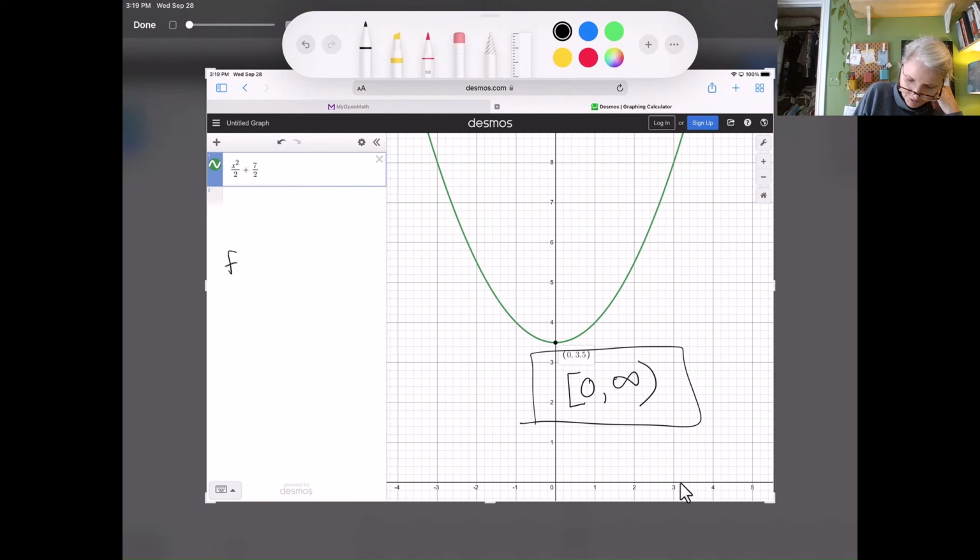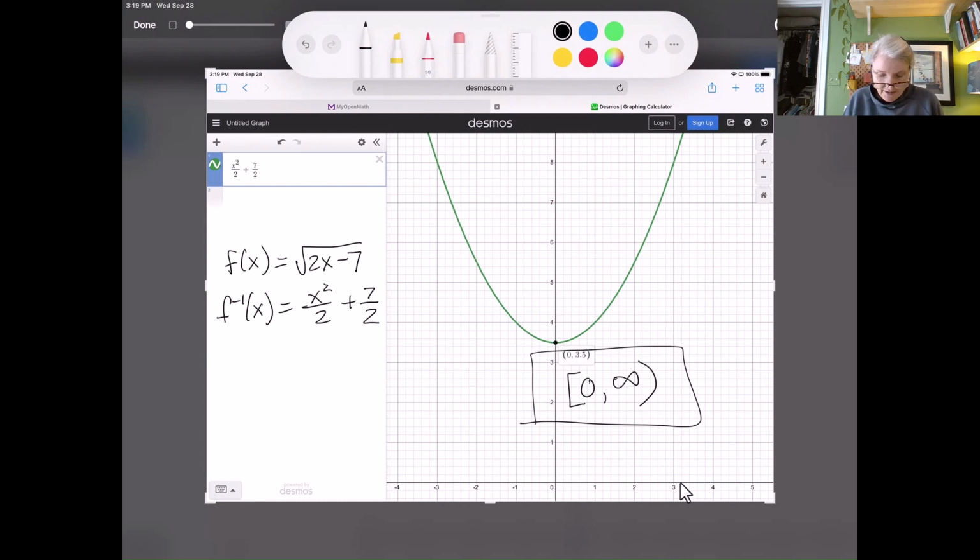So we started off with this function. They asked us to find the inverse, which we did. And then they asked for the domain for our inverse. And we're talking about the right half of the parabola because there's an invisible positive sign in front of our radical, which means the right half of the parabola.